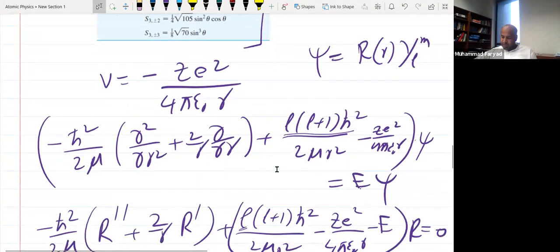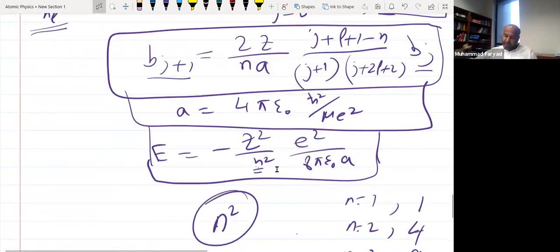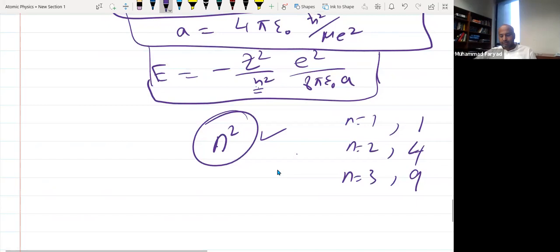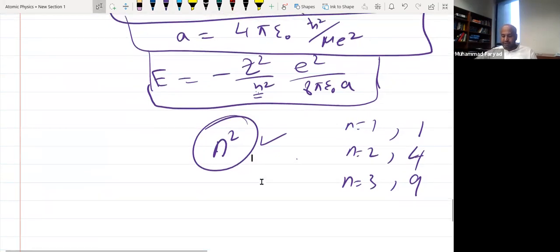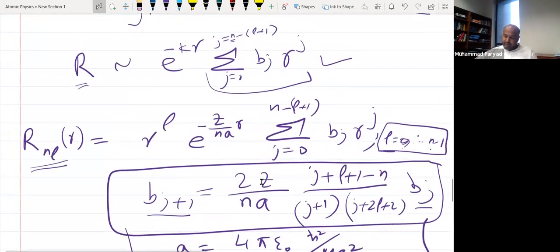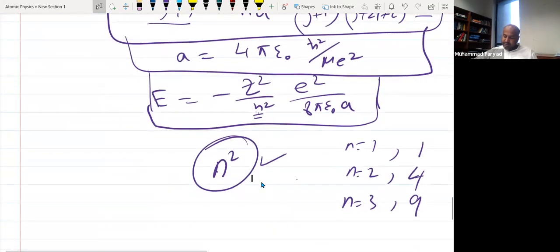I'm forgetting how to work it out, but I think for each value of n, there are n square degenerate values, which means that for each value of n, there are these many possible wave functions.